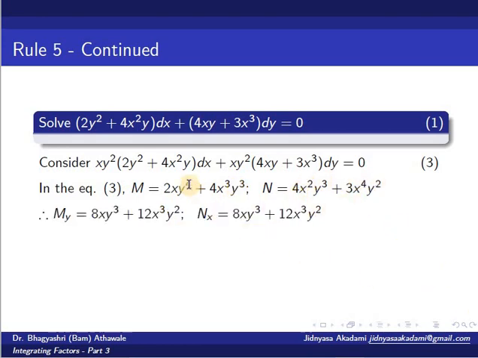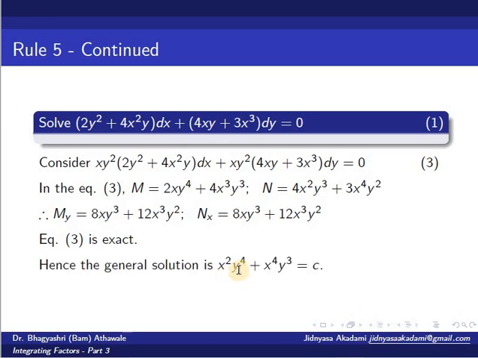It is 4 into 2, 8x y cube plus 3 into 4, 12x cube y square. And the same thing here, 8x y cube plus 12x cube y square. So equation 3 is exact, and the solution is x square y raised to 4 plus x raised to 4 y cube equal to c.